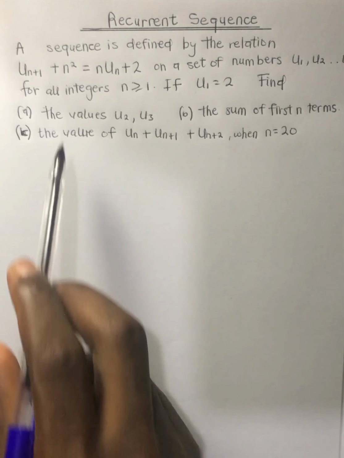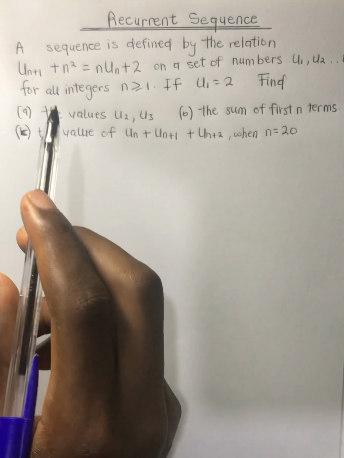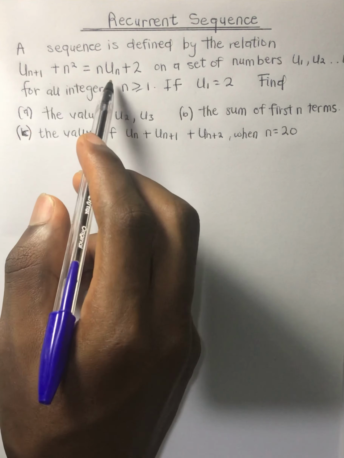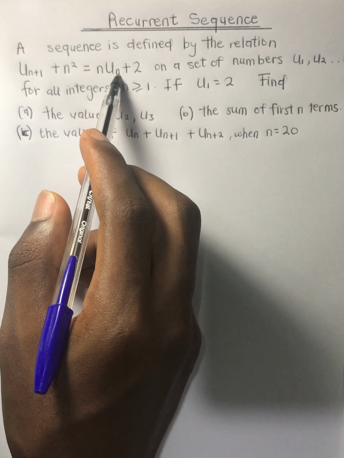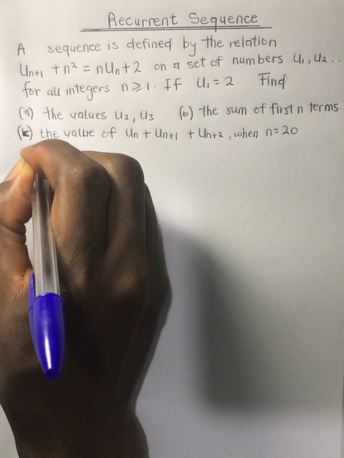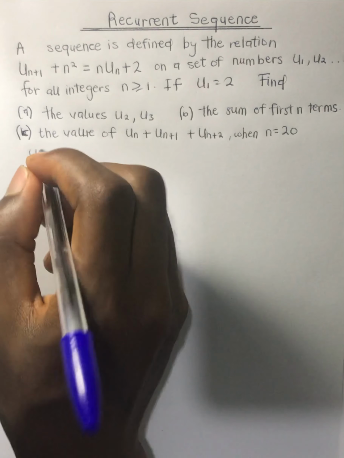So we have to get u subscript 2 and we've been given u subscript 1. So we can easily put 1 to replace the n as the subscript, giving us u subscript n plus 1, giving us u subscript 2.